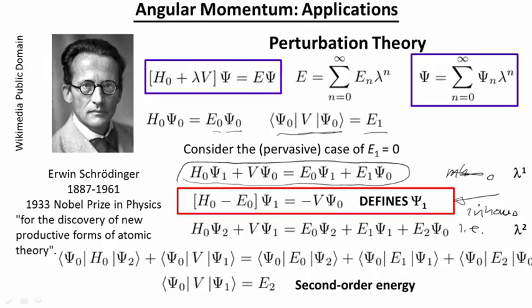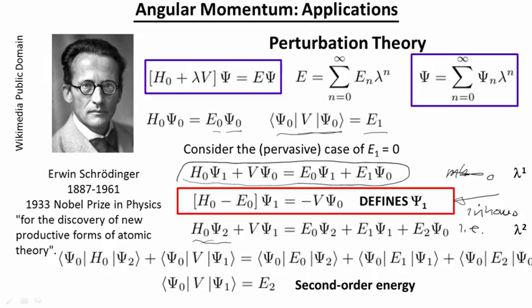Now, an important point to note: we're going to calculate psi1 for a particular case in a moment, just to show you how that's done. But once you have psi1 in hand, once you have all these things in hand, then let's try to go through this without getting too bogged down in it.